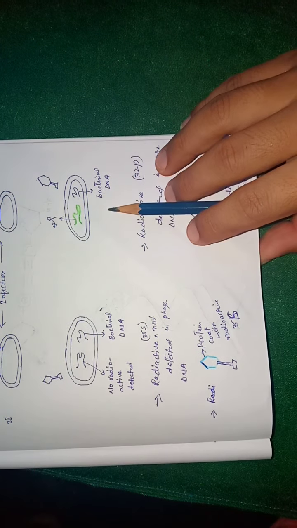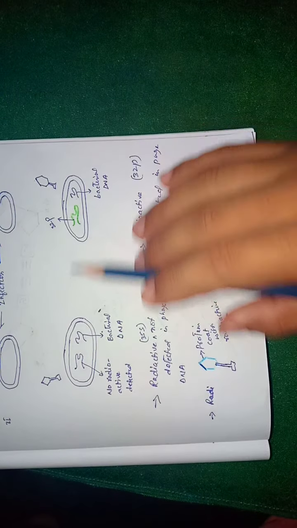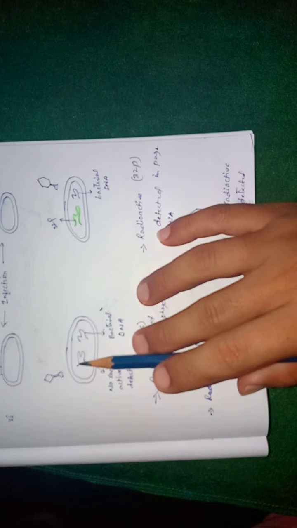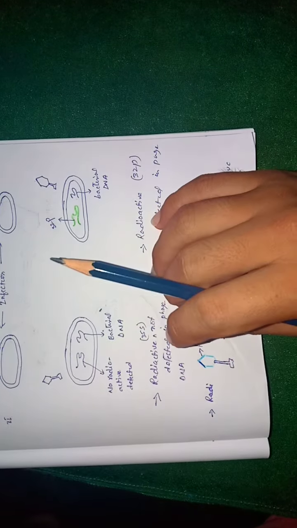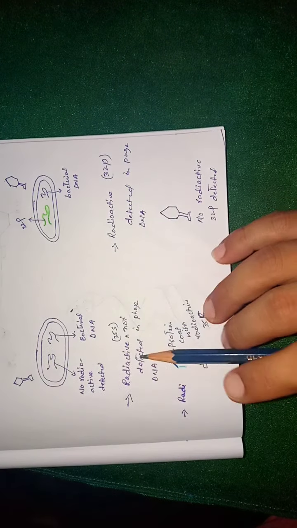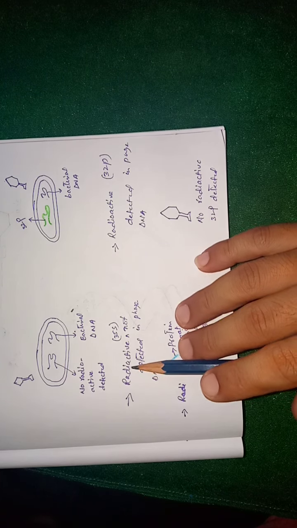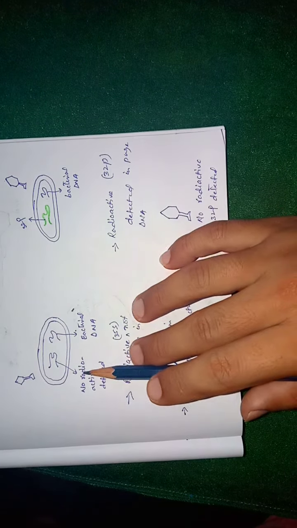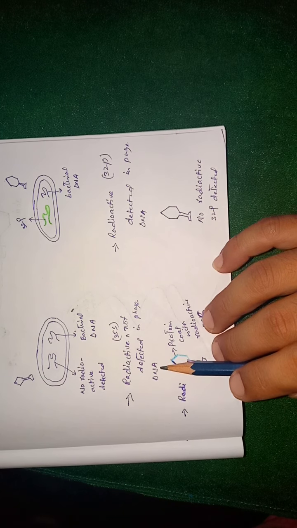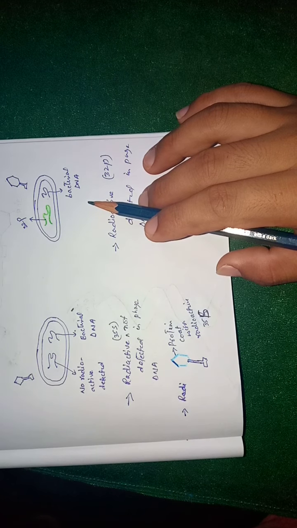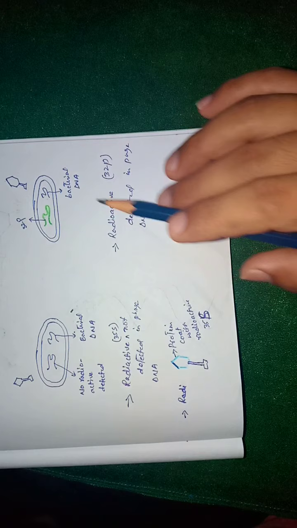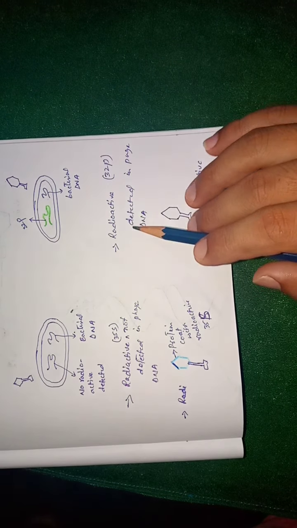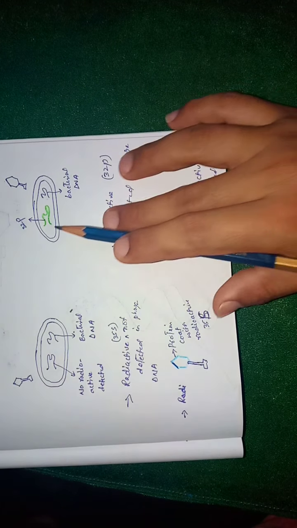Now after infection these two phages get separated, and the first culture will contain bacterial cells with no radioactive DNA. In the second culture, the bacterial cells will contain the radioactive P32 in the DNA.